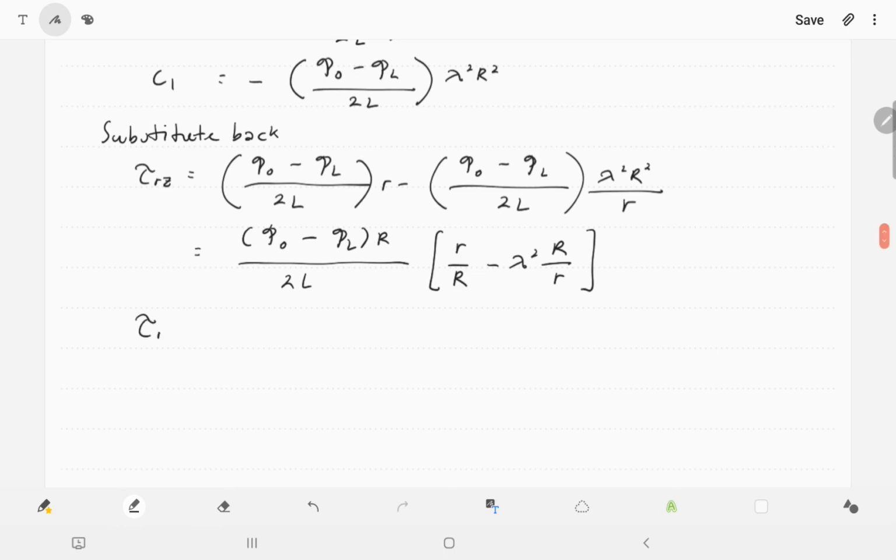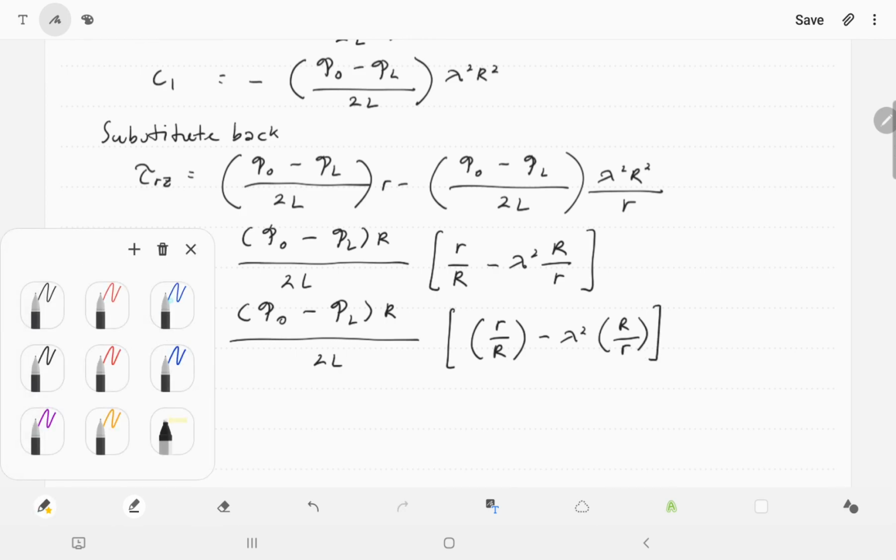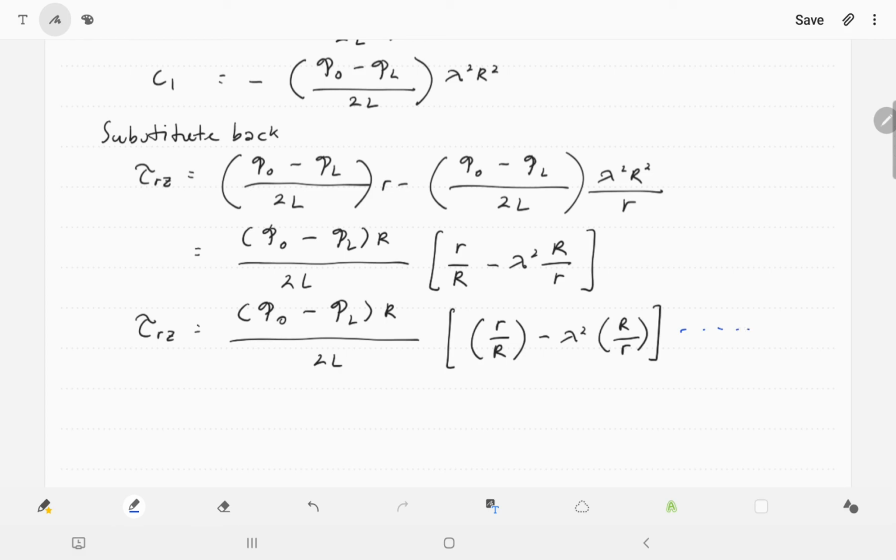Then your tau rz will be equal to this equation in here, and this equation we define as equation 2.4.4.